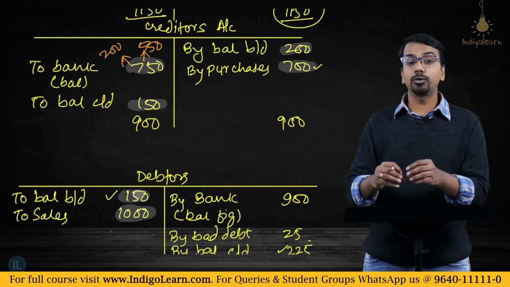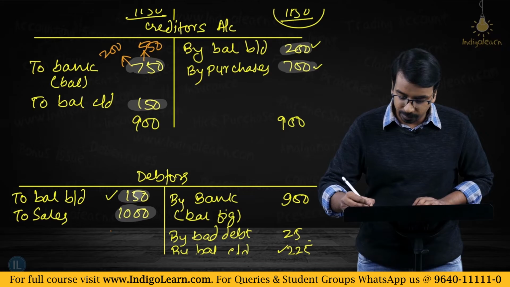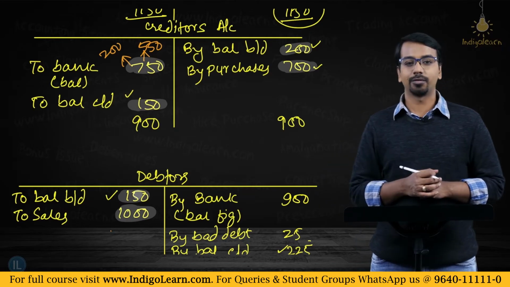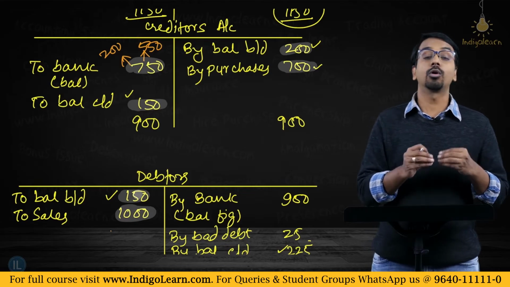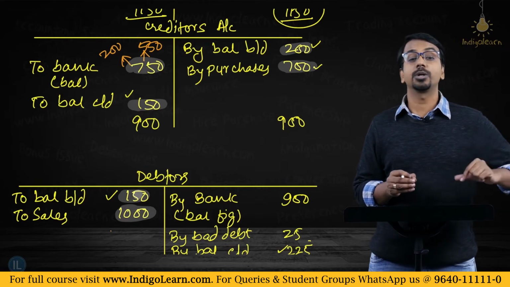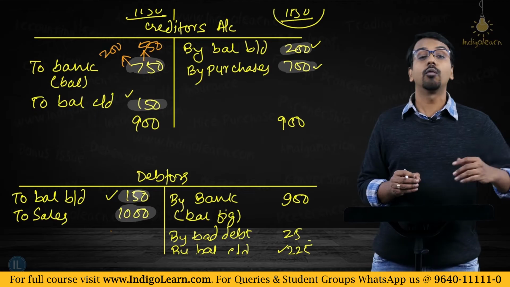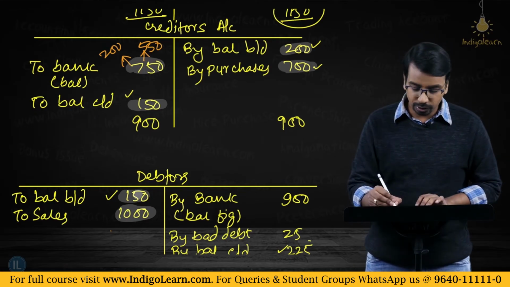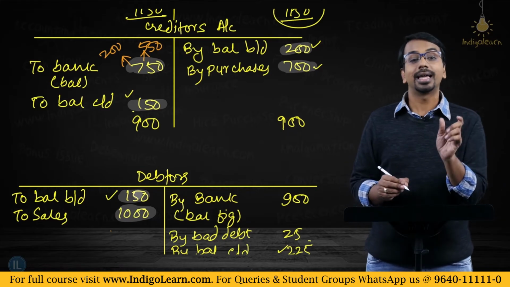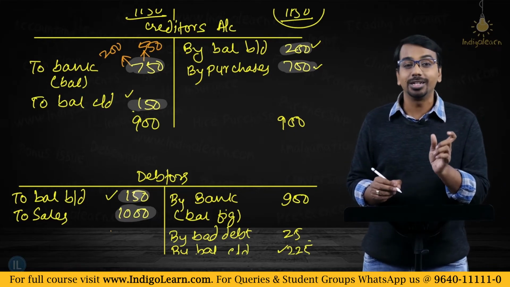So if you come to this creditors account, we said we have opening balance of 200, closing balance of 150. So can I say I paid 50 rupees more to the creditors, which is extra or over and above my purchases? That is the excess payment, and when you do this 150 minus 200, that is the 50 rupees which you are adjusting.